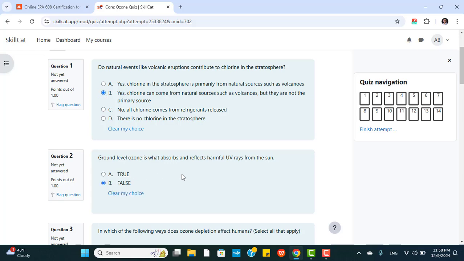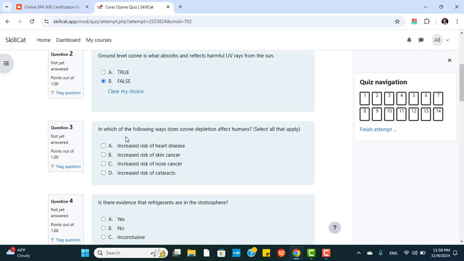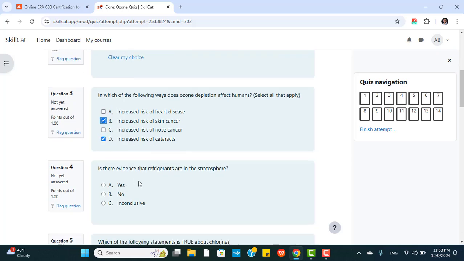False. In which of the following ways does ozone depletion affect humans? Increase the risk of heart disease, increase risk of skin cancer, increase risk of nose cancer, increase risk of cataracts. So, skin cancer and cataracts.